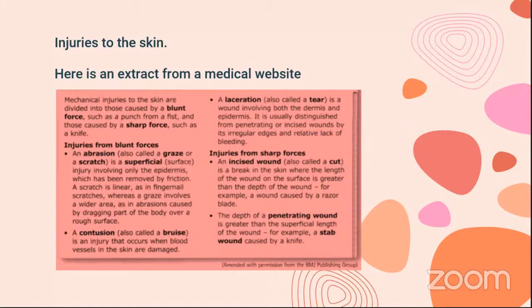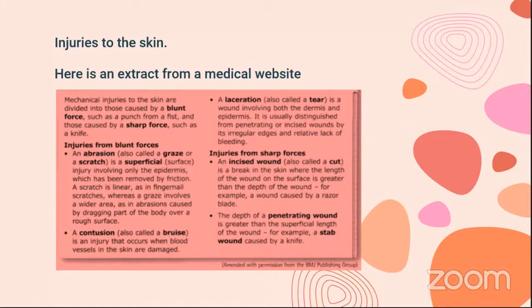A scratch is linear, as in fingernail scratches, whereas a graze involves a wider area, as in abrasion caused by dragging part of the body over a rough surface.